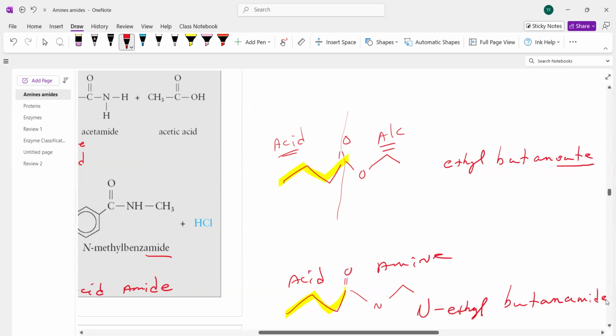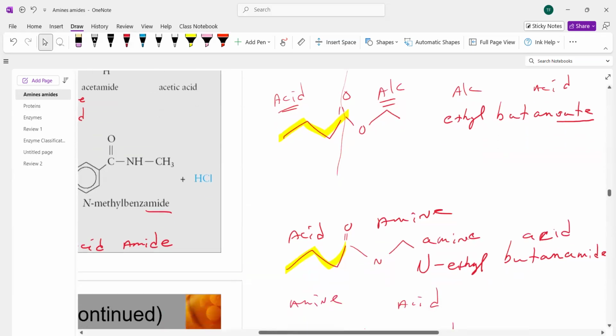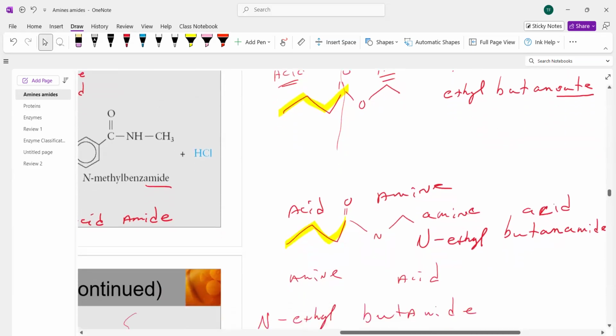So again, this is going to be alcohol part, acid part; amine, acid part. Same kind of naming.